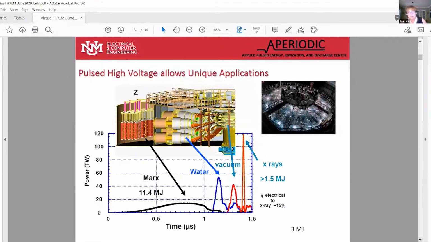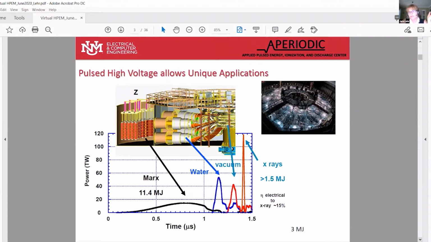Here's the principle using the Sandia Z machine. In this schematic shown on top, a Marx bank charges over a very long period, over a microsecond, with an energy of 11.4 megajoules.